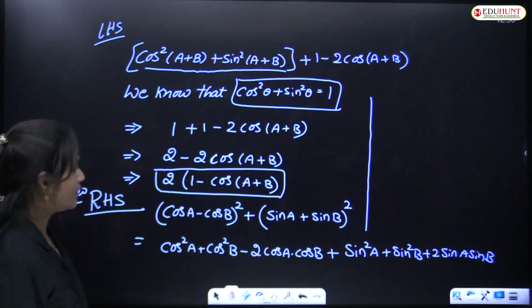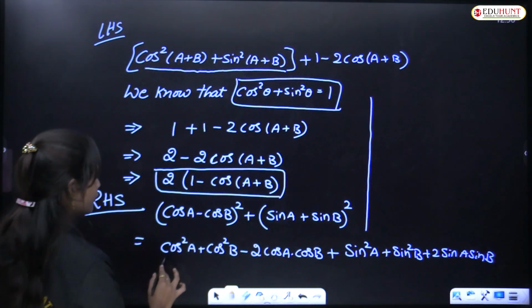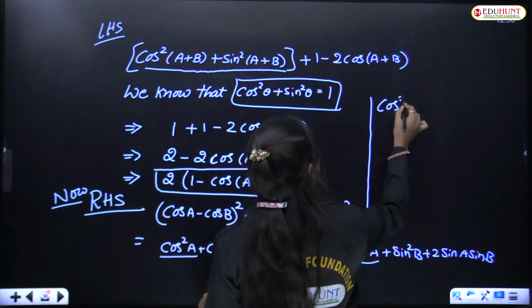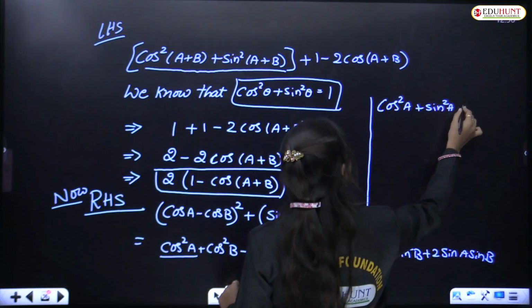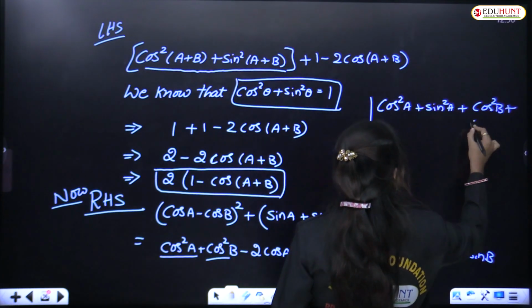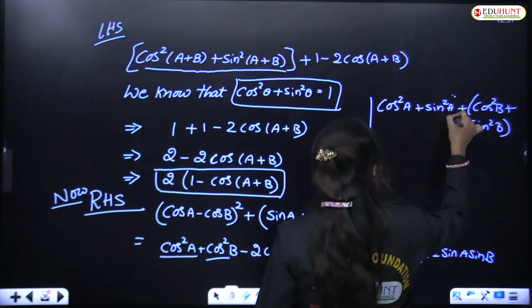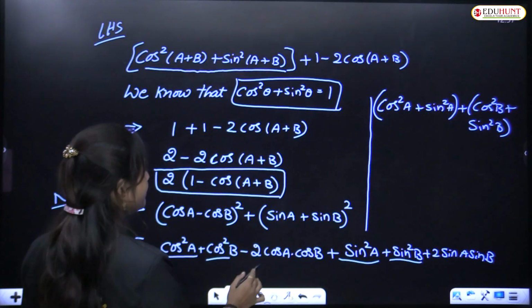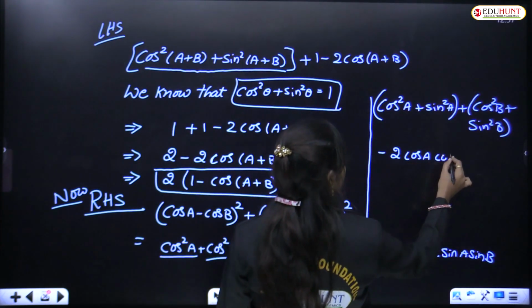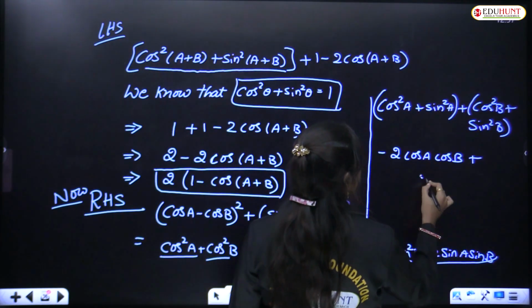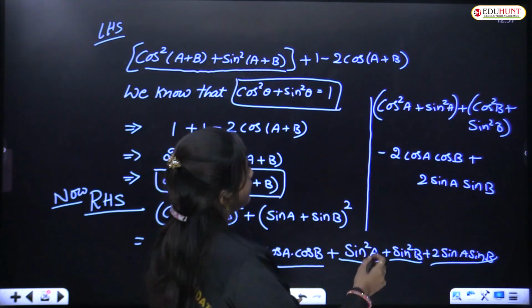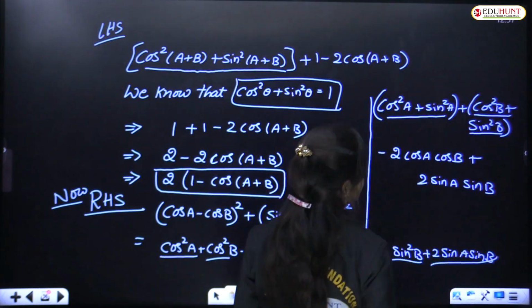Okay, so just see here. Here cancellation is not possible, but again we can write in the form of the trigonometric identity sin square A and cos square A. So we can write this one as cos square A plus sin square A, plus here cos square B plus sin square B. Okay, so after completion of that, here minus 2 cos A cos B and here plus 2 sin A sin B. Okay, so here we know that cos square theta plus sin square theta is equal to 1.